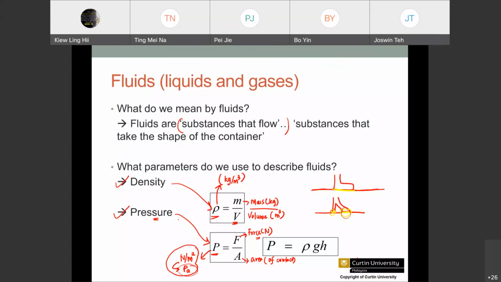Pressure can also be found with this, P equals rho g h, which is gauge pressure. What does gauge pressure mean? Gauge pressure means it is the pressure that is relative to atmospheric pressure.